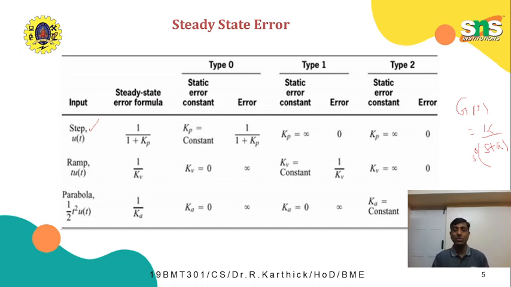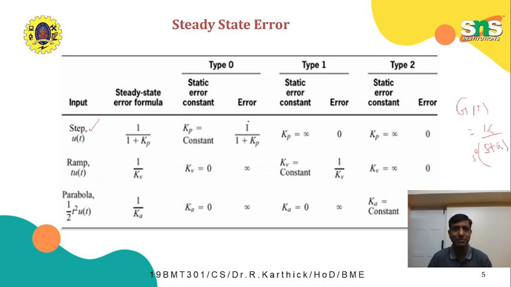So it is a type 0 system. For a type 0 system, our Kp, the positional error constant, is going to be a constant. So if Kp is constant, then we have a constant error for a type 0 system.